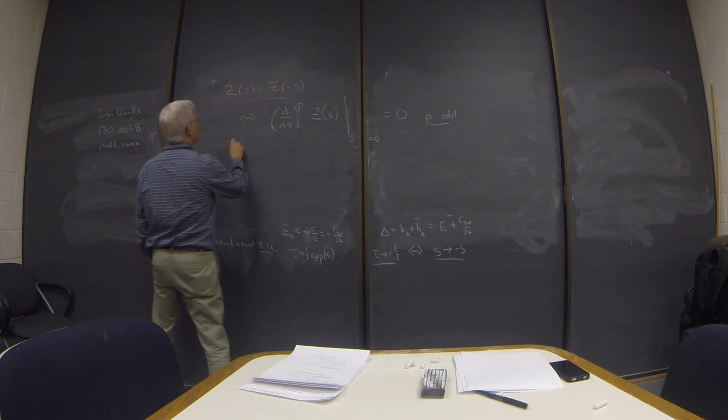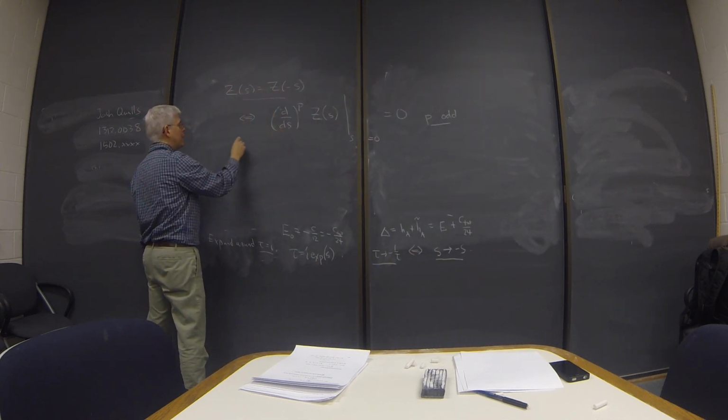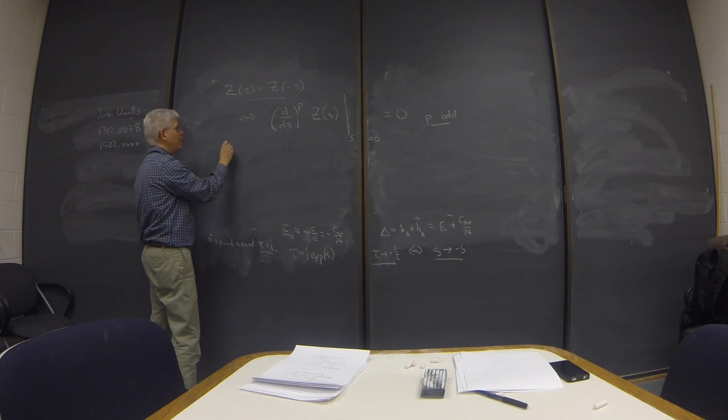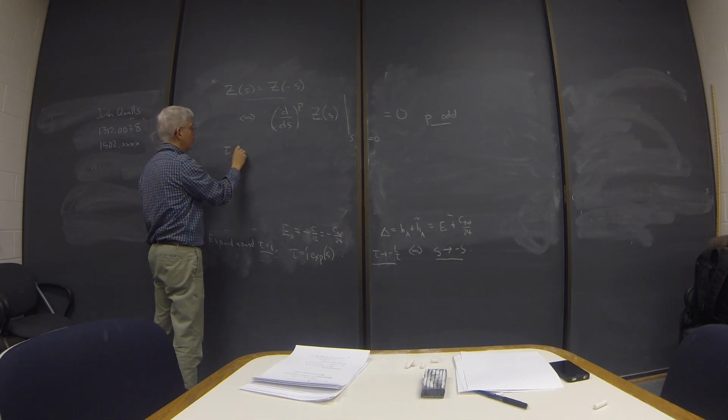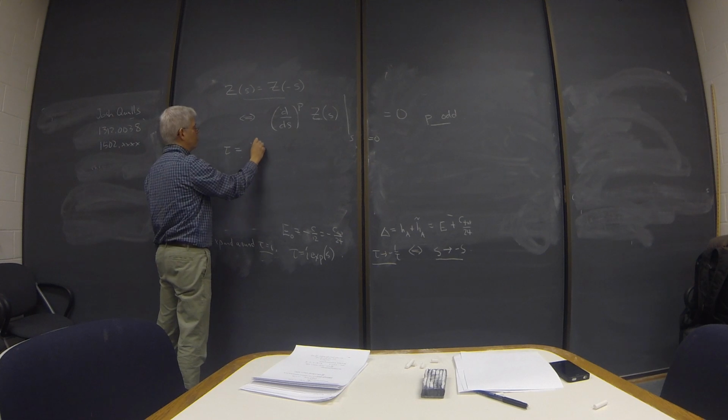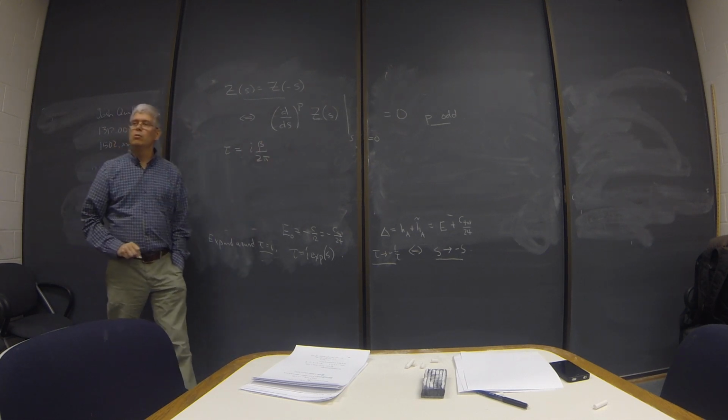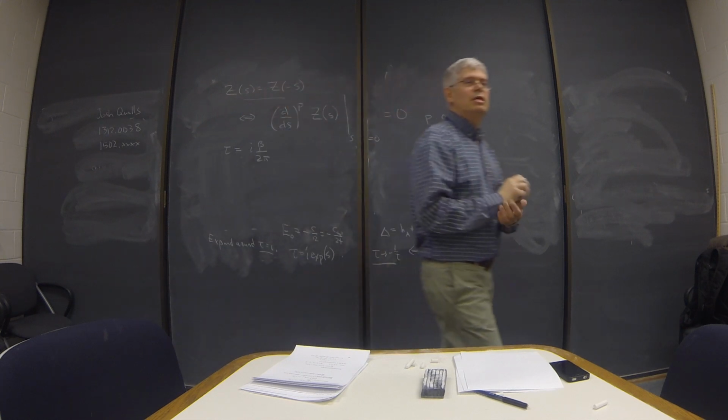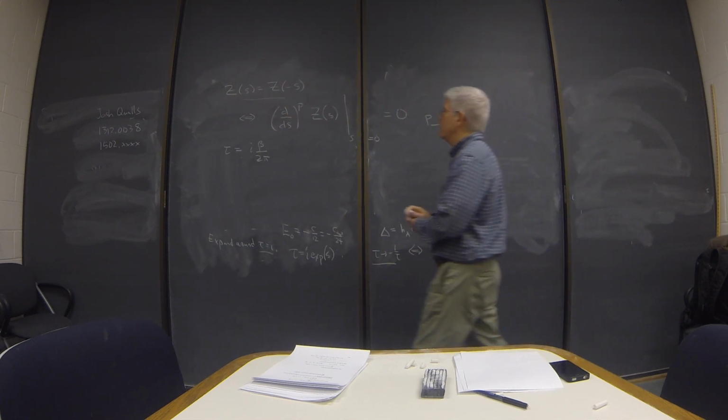So, yeah, I could also go back and rewrite these in terms of my original parameter tau. Now I'm going to focus on real values of tau, so I'm going to introduce one more coordinate, which Simeon calls beta, which you can think of as the temperature of this partition function.